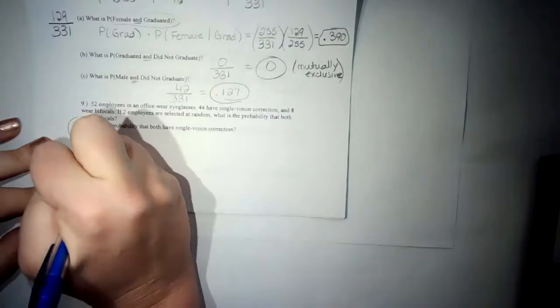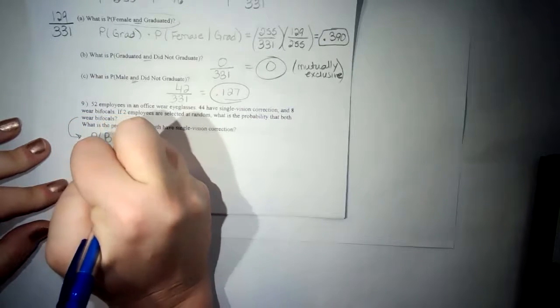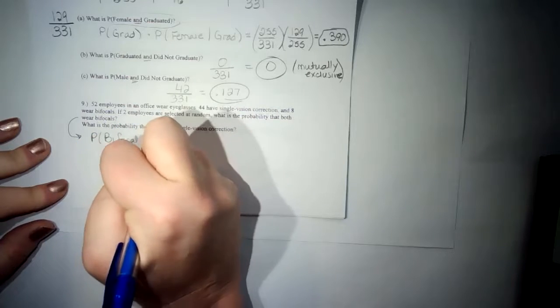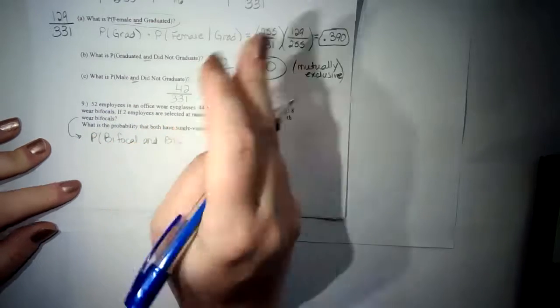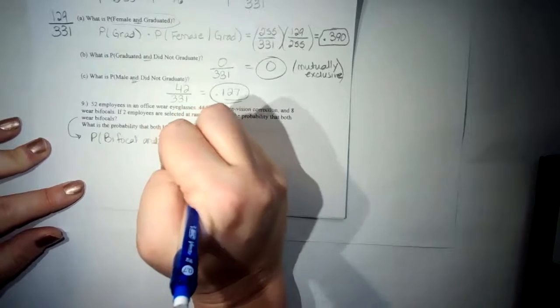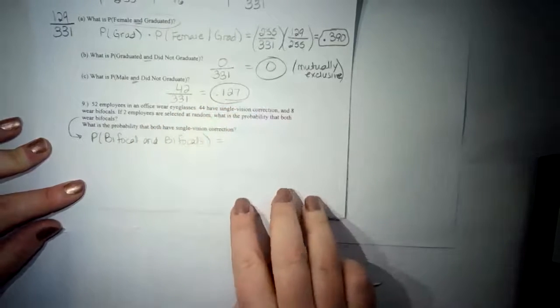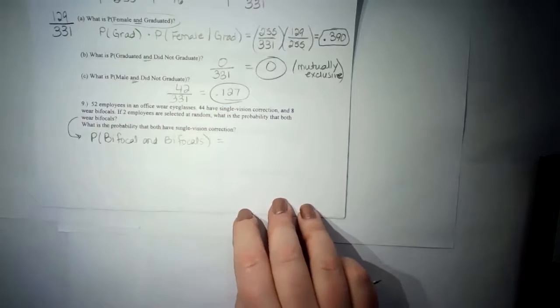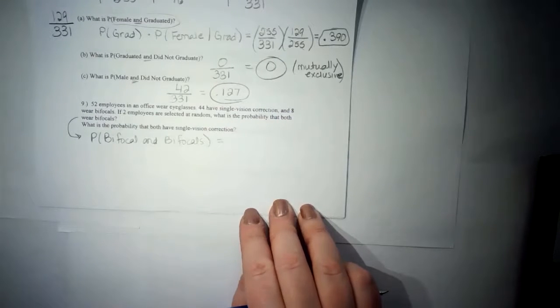We want the probability that your first one wears bifocals and your second employee wears bifocals. Now, unfortunately, we can't do the quick and dirty way that we did up there. Why can't we do that? Because you're choosing 2 people.